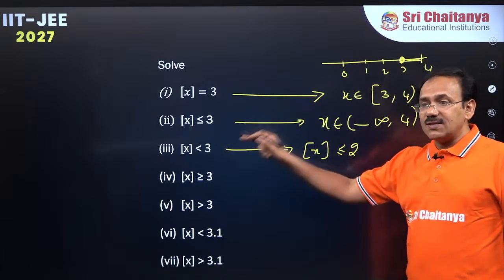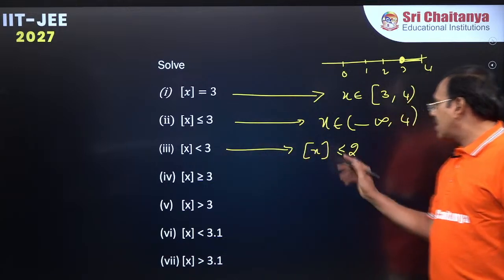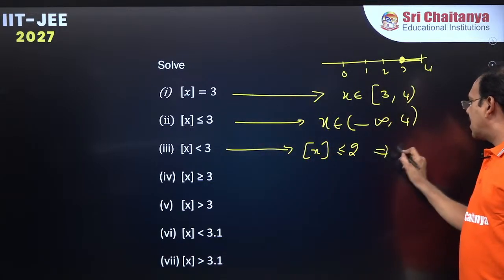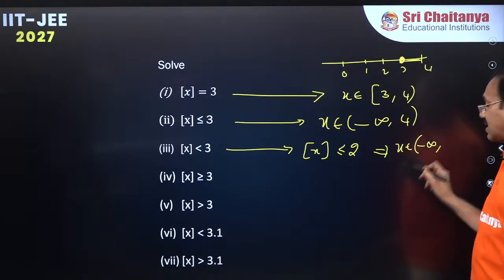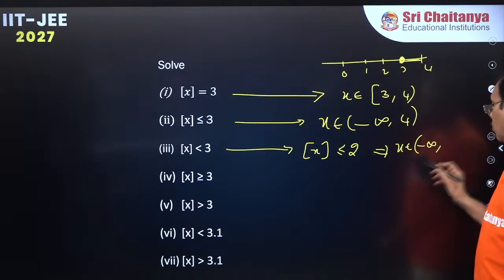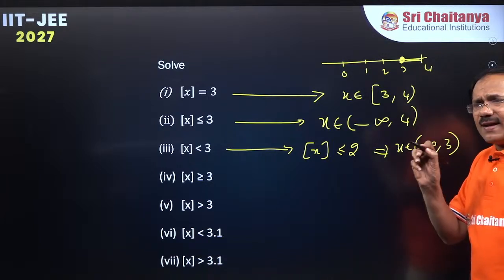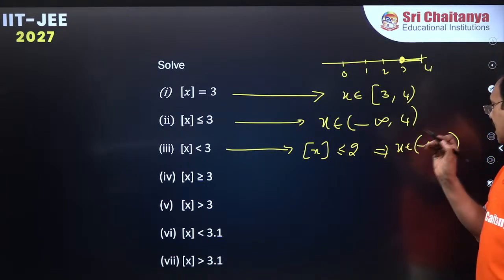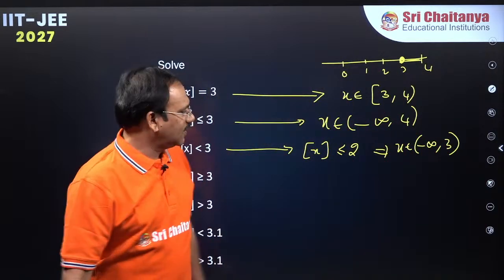If step x is not 3, it is less than that. That means less than or equal to 2. Step x less than or equal to 2 means, can I write x belongs to minus infinity to, step 2 means open 3? 2.99999 I can take, so minus infinity to open 3, dear students. Fine, everyone? Clear?